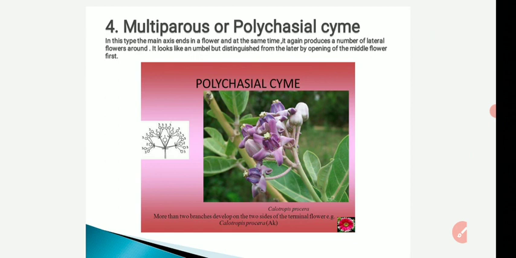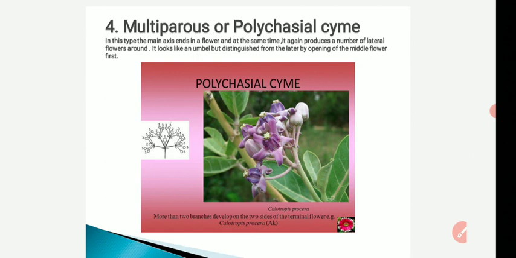These lateral flowers develop more or less simultaneously. The entire inflorescence looks like an umbel, but is distinguished from the latter by the opening of the middle flower first. And the example of polychasial cyme is Calotropis.